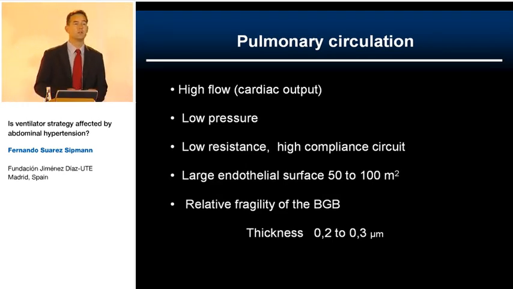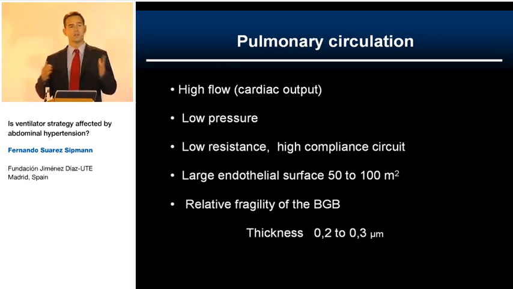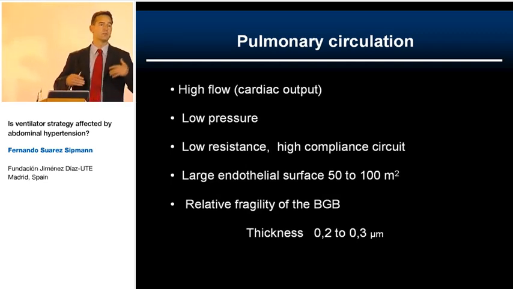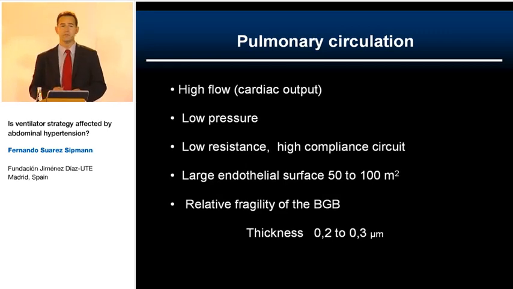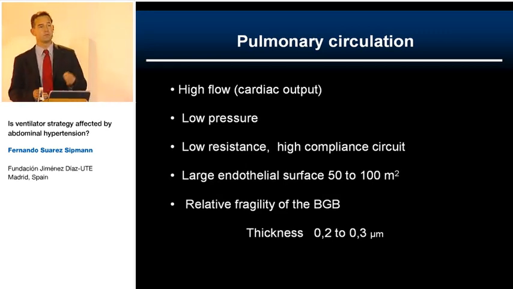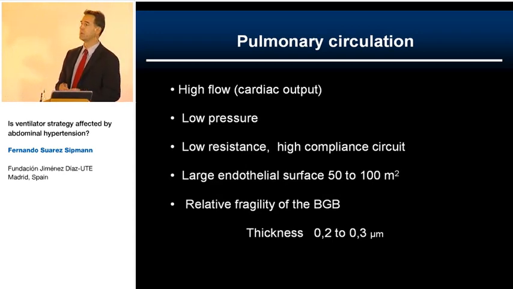Giving some physiological information, which I think is important to get into the details. The pulmonary circulation has very specific characteristics. It is a high flow system. It receives the complete cardiac output. It is a low pressure system, so it is very susceptible and reactive to hydrostatic problems.